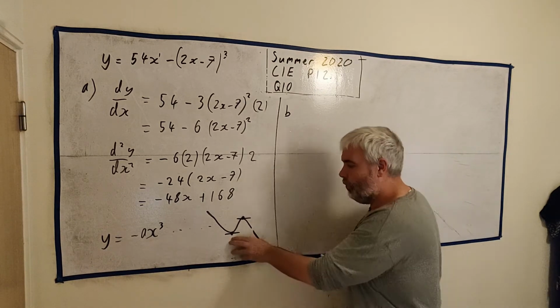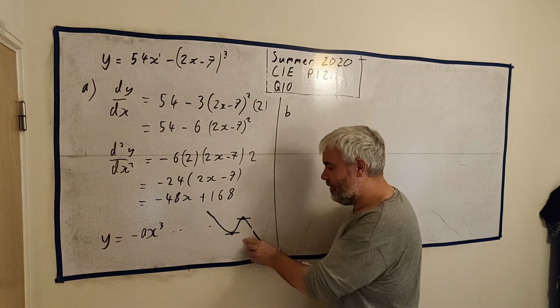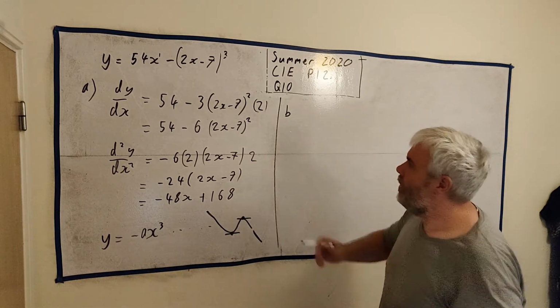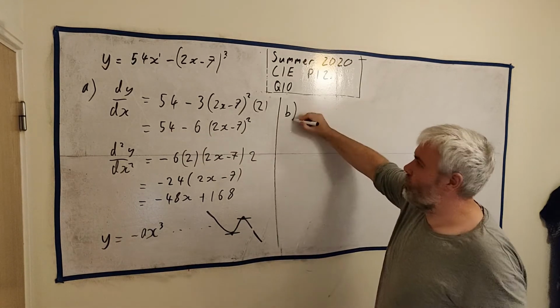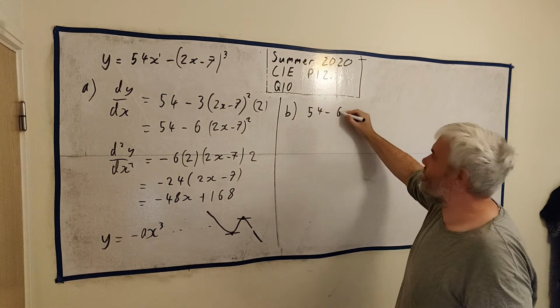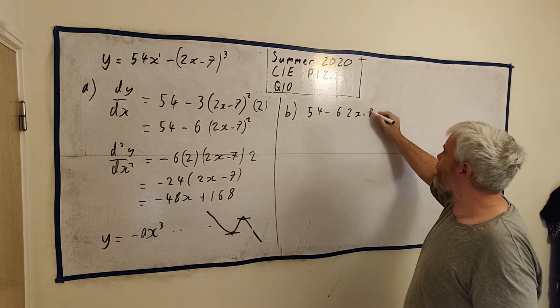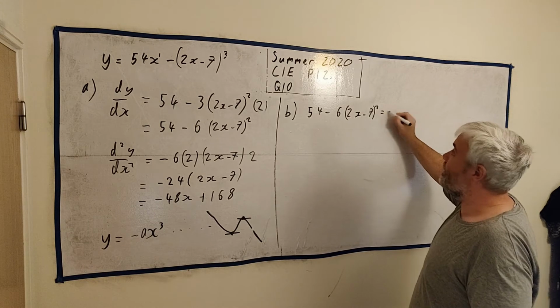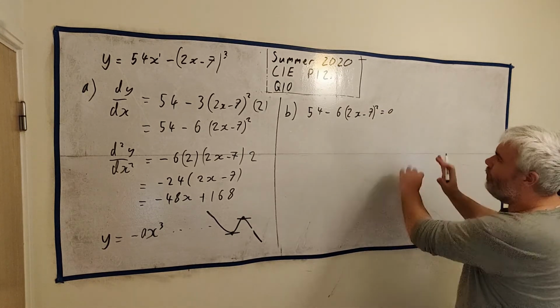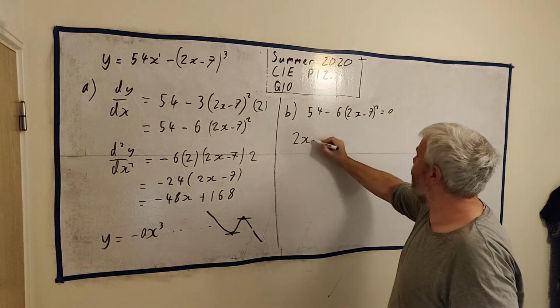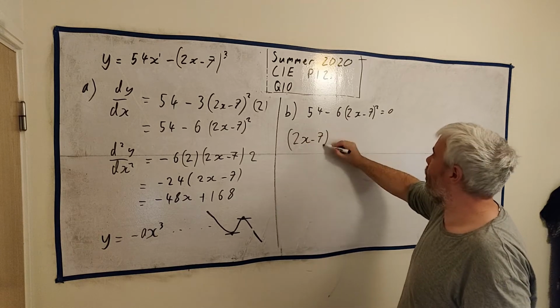Well, these stationary points are when dy/dx equals 0. That's what these slopes are. So dy/dx equals 0 just tells us 54 minus 6(2x minus 7) squared is equal to 0. Let's move all this around to get 2x minus 7 on its own.